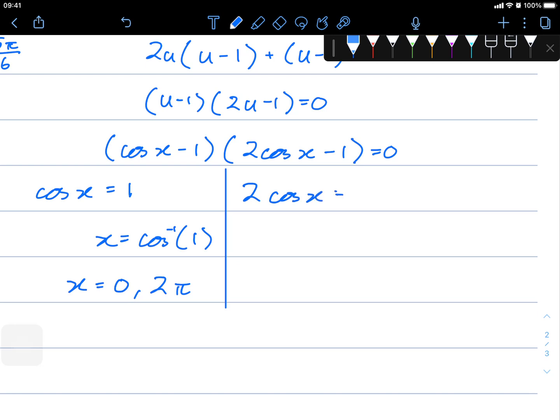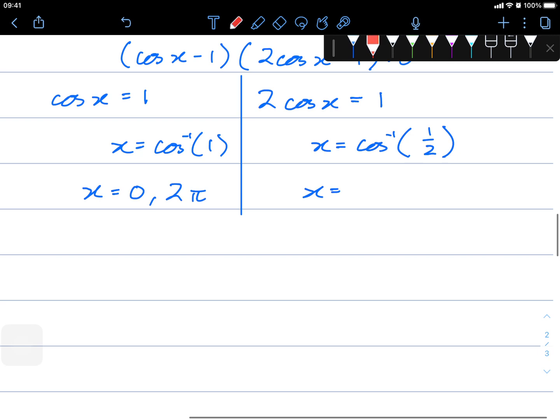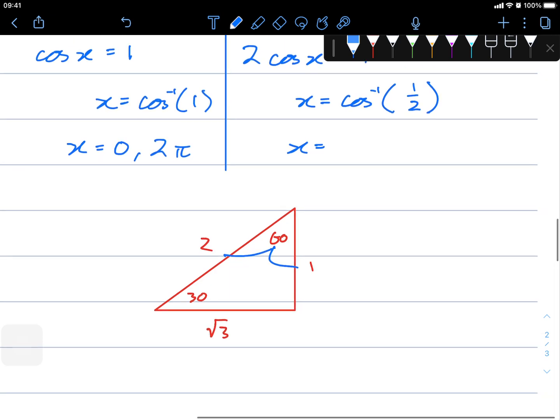Solving this, we get 2 cos x equals 1, so moving this over to the other side of 0, dividing by 2 and taking the inverse of cos. So cos inverse of half. Cos of half, going back to our triangle, 60, 30, 3, 1, 2. Half is adjacent over hypotenuse, so that's 60 degrees. 60 degrees is pi on 3, but we also need it in the fourth quadrant.